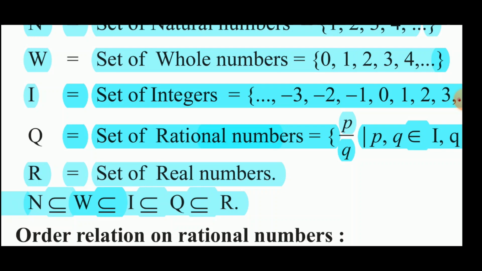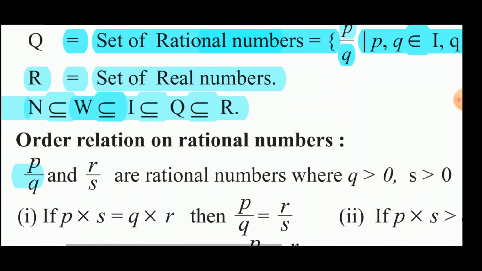So Q is a subset of R. So this subset relation exists between the different sets of numbers: N is a subset of W, which is a subset of I, which is a subset of Q, and Q is a subset of R.